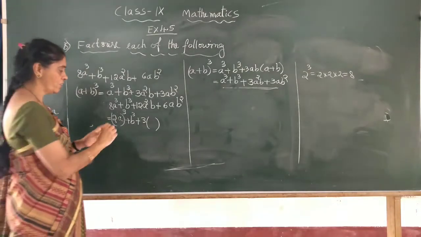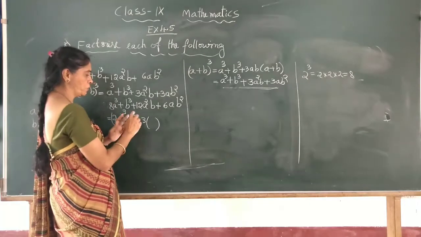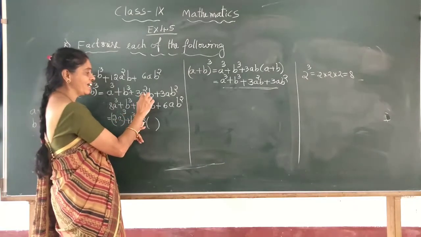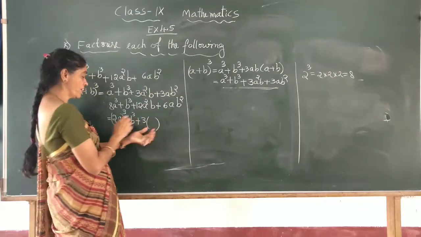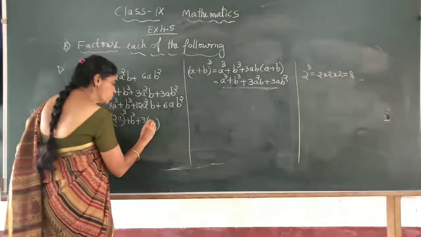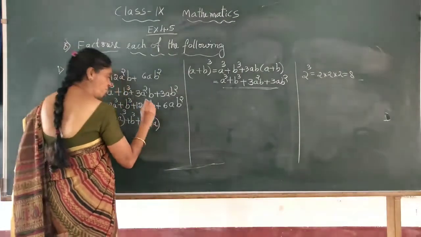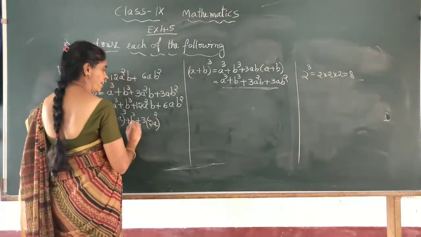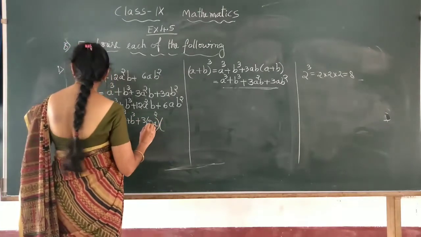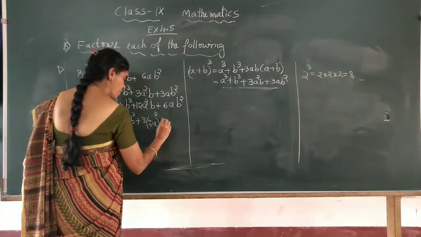Right? Now a cube, b cube, plus 3a square b. Now what is your a in the problem? 2a, so it's (2a) whole square into b. b is b only.